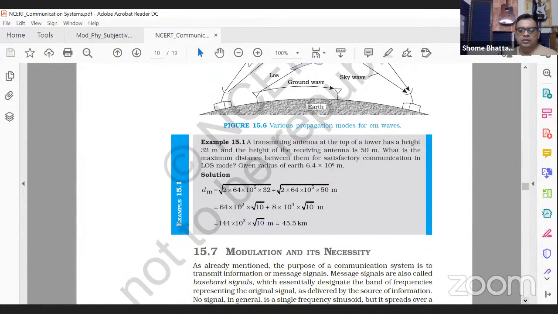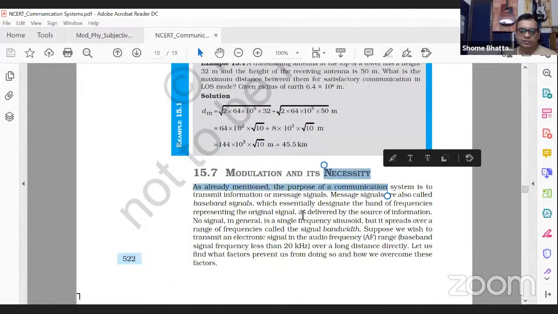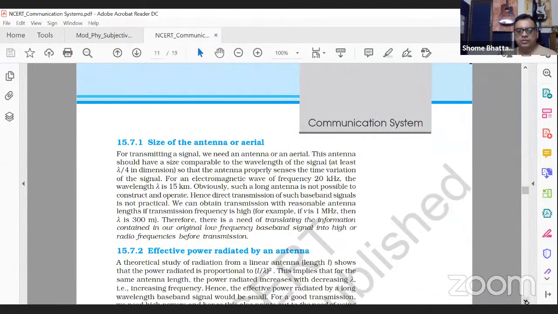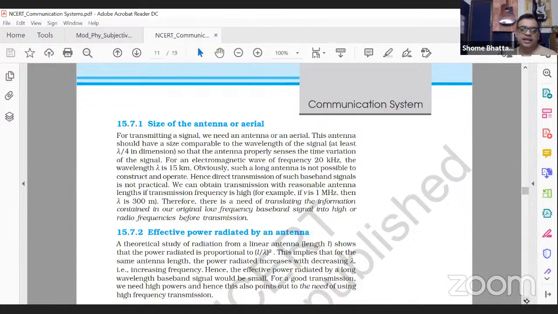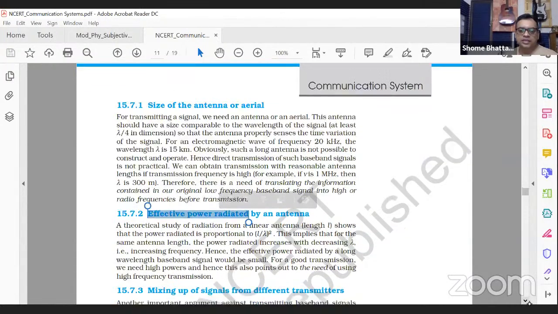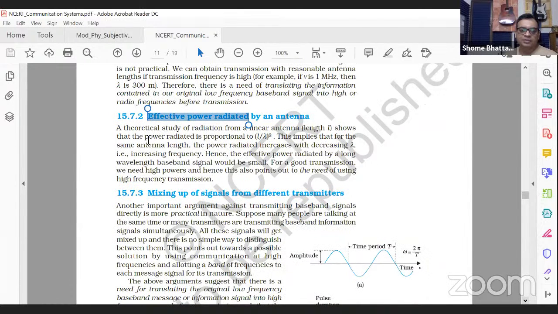Then you can go through this section which talks about the necessity for modulating, which we discussed earlier. There are all these factors which need to be taken into account, which decide the carrier frequency range, the size of the antenna you're using, the effective power radiated by the antenna, the range of your system, and what we call multiplexing or mixing of signals of different transmitters.